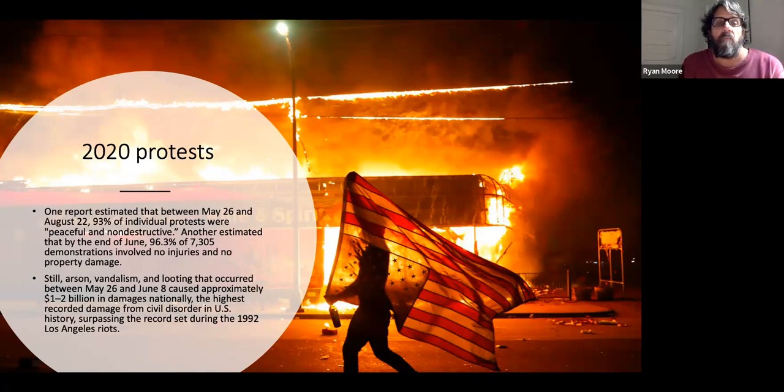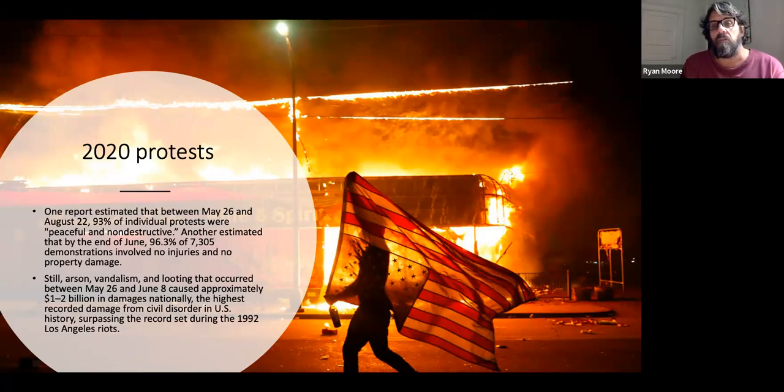One report estimated that in this summer, between May 26th and August 22nd, 93% of individual protests were peaceful and non-destructive. Another estimated that by the end of June, 96.3% of 7,305 demonstrations involved no injuries and no property damage.